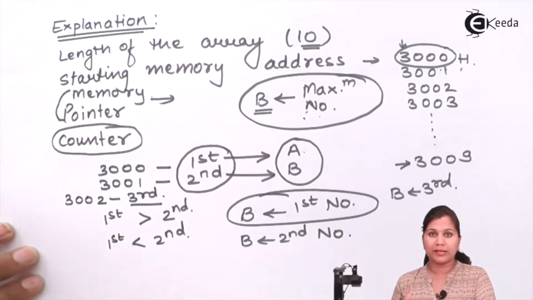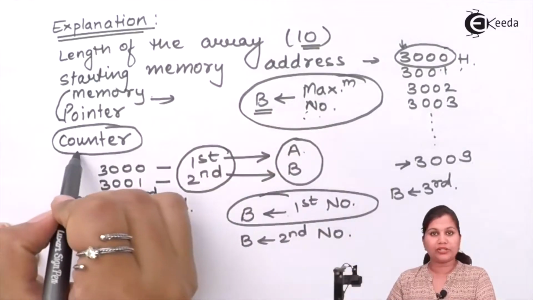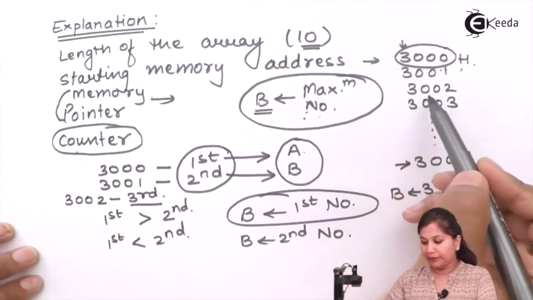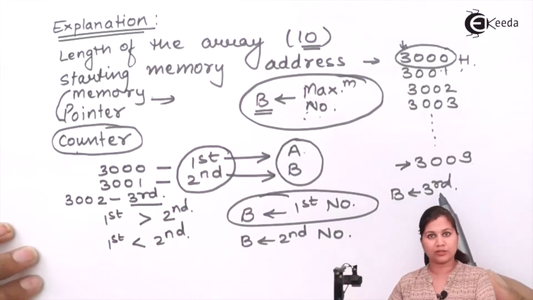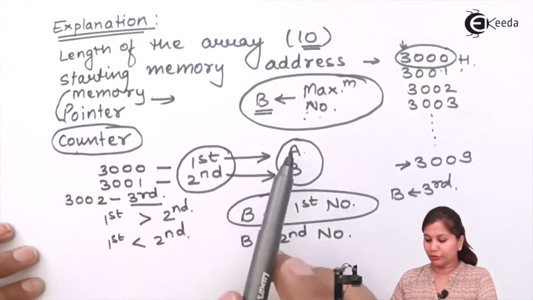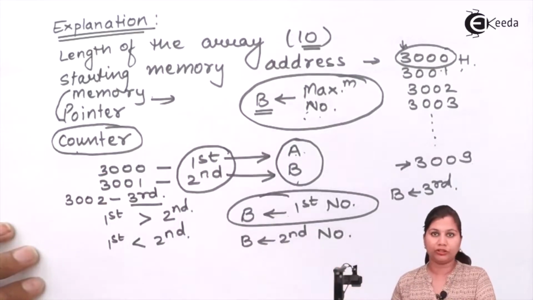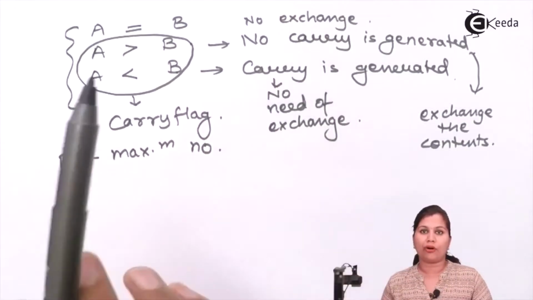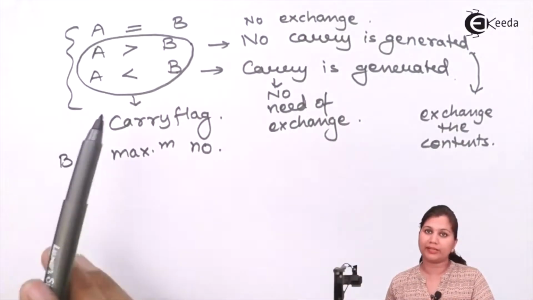So we have to initialize the counter also, so that from 3000 it runs up to that many memory locations. After that, we will use two registers A and B for doing the comparison, and we will check the carry flag to determine which number is greater.